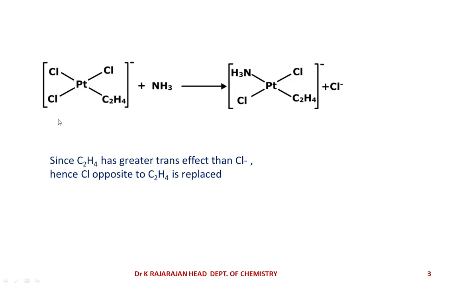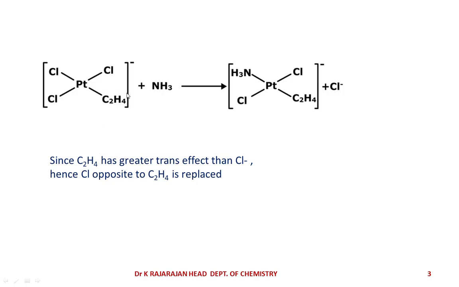Here you are having the 3-chloro 1-ethylene platinum complex. When this square planar complex reacts with ammonia, you can see the ethylene replaces this chlorine, and ammonia is substituted in the place of chlorine.